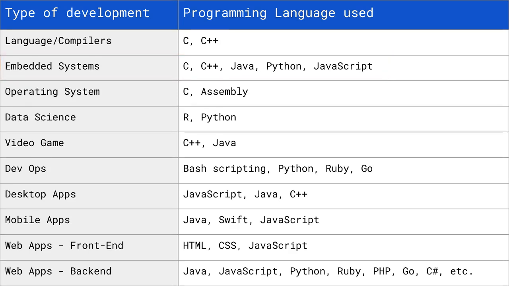So it's not to say that one programming language is better than the other. It's just that certain programming languages, because of how they are created, become kind of specialized in certain areas of development.